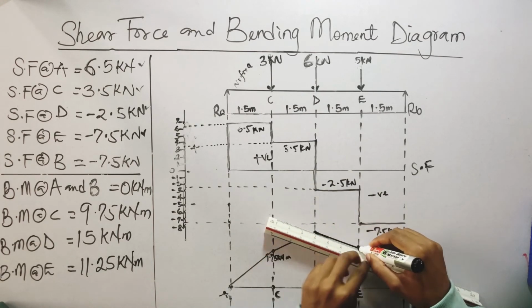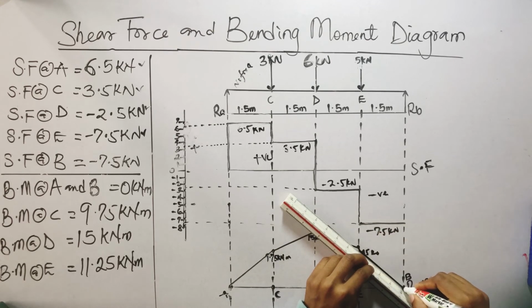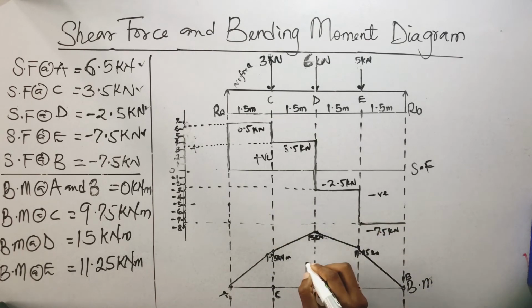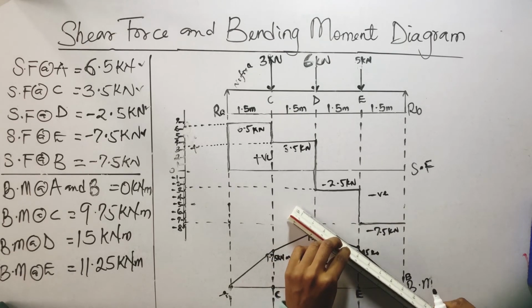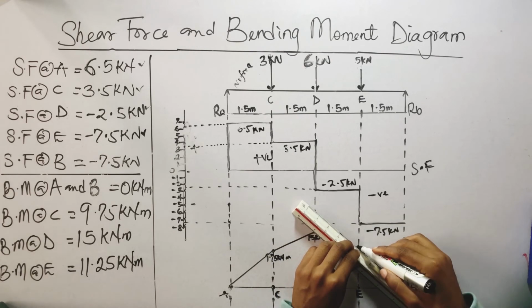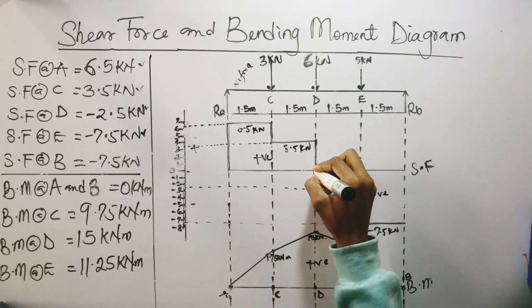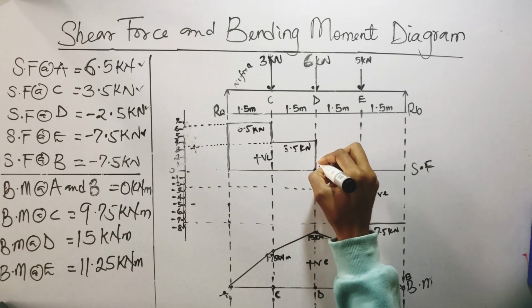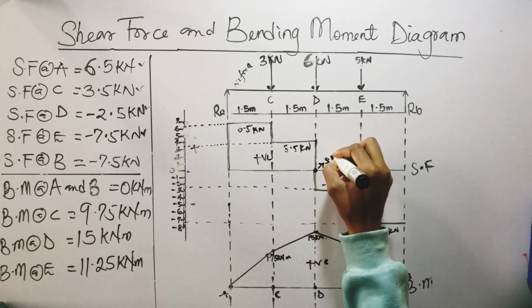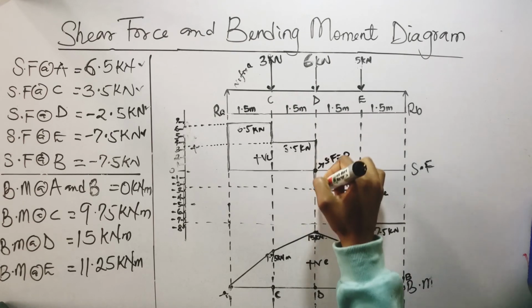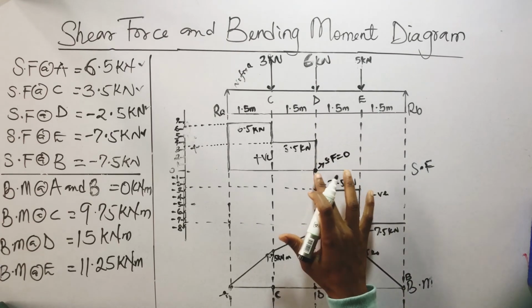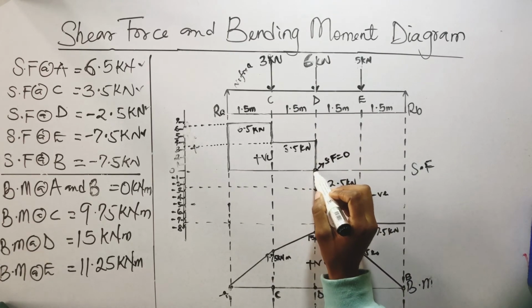Also note that when drawing bending moment diagram, for point load we use inclined lines, and then for UDL we use curves. Lastly, to mark our maximum bending moment point, it is the point where shear force is equal to 0. Now if you look at the shear force diagram, this point where it crosses from the positive side to the negative side, at the point where it touches the horizontal line, that point tends to be 0.